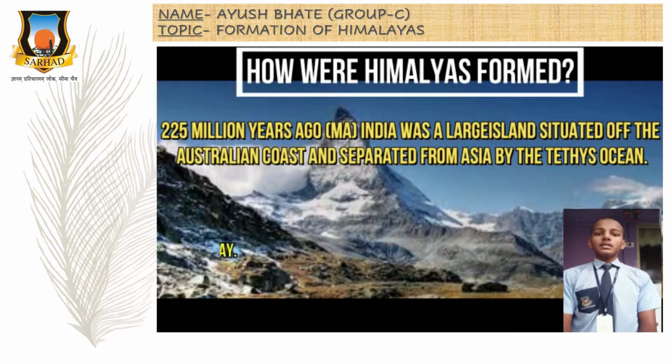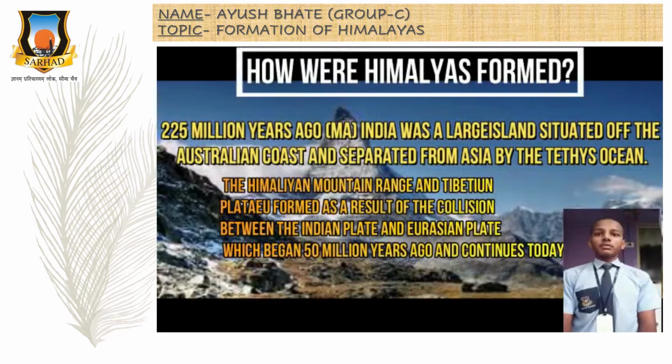Now the question arises, how were the Himalayas formed? The Himalayas were formed 225 million years ago when India was a large island situated off the Australian coast and separated from Asia by the Tethys Ocean. The Himalayan mountain range and Tibetan plateau formed as a result of the collision between the Indian plate and the Eurasian plate, which began 50 million years ago and continues today.